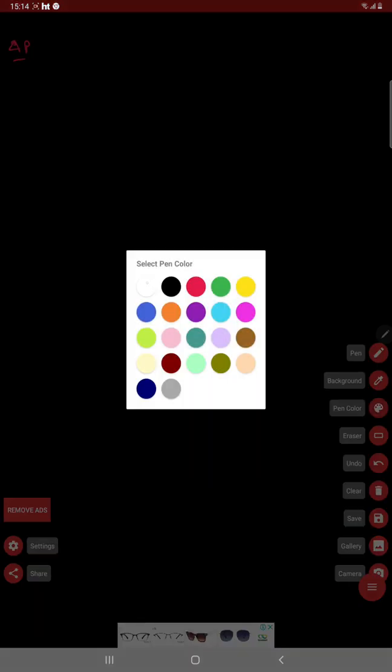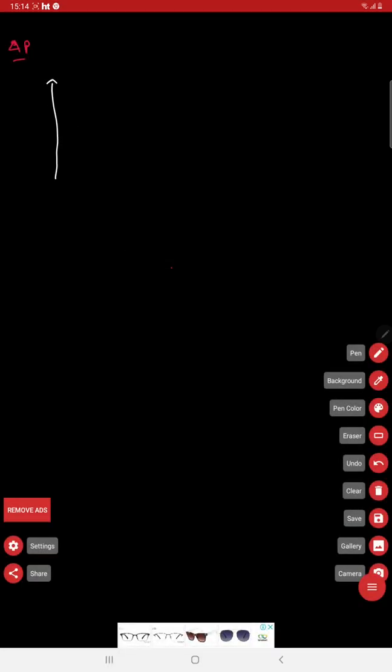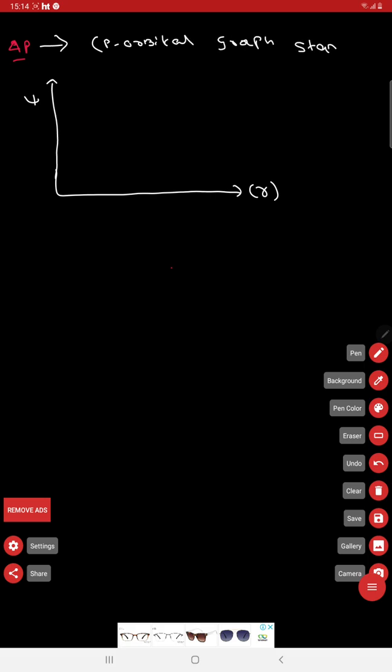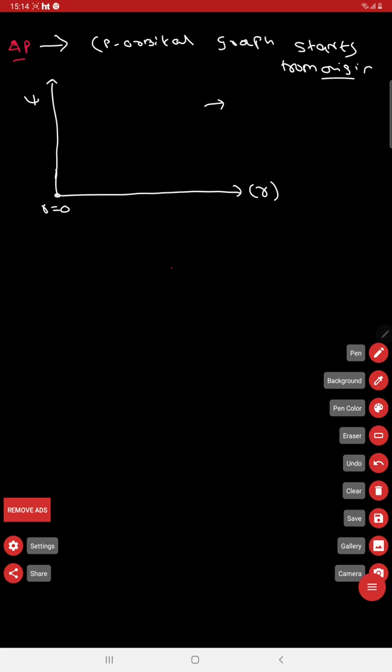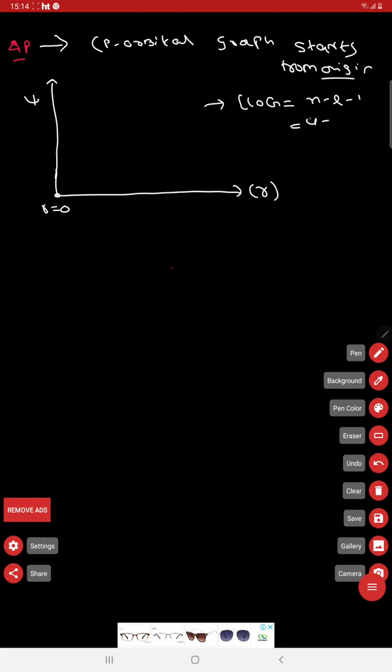I have told you that you first draw the graph, representing psi versus r, and as this is a p orbital, the graph starts from the origin, so r is equal to 0. Now first you need to calculate the length of the graph, that is n minus l minus 1, that is 4 minus 1 minus 1, that is 2.